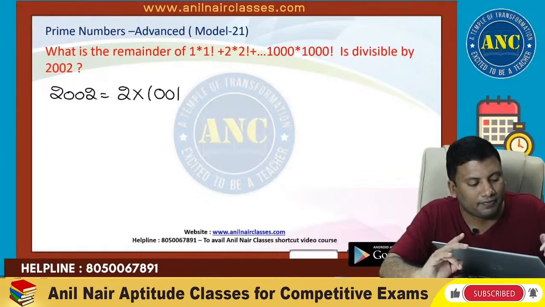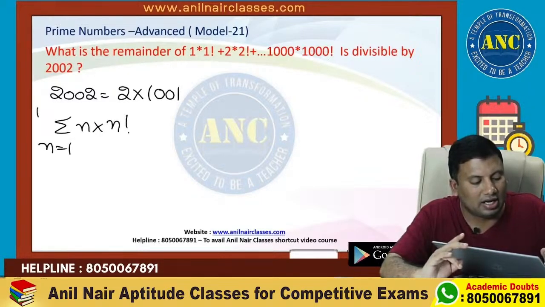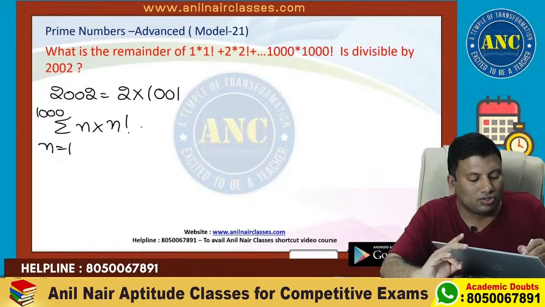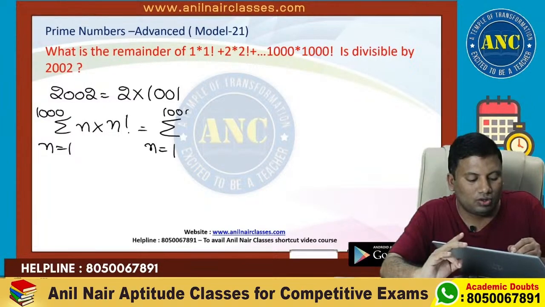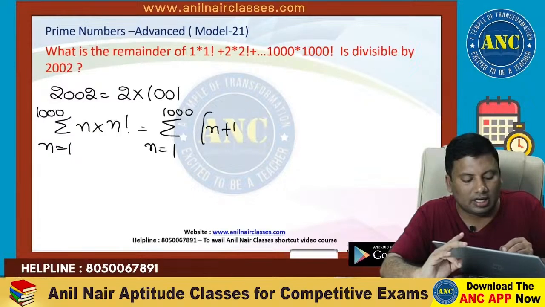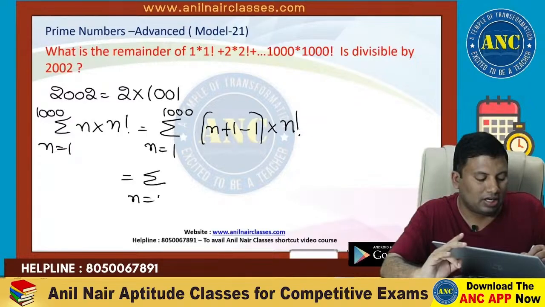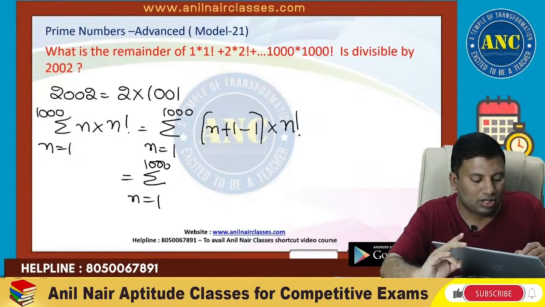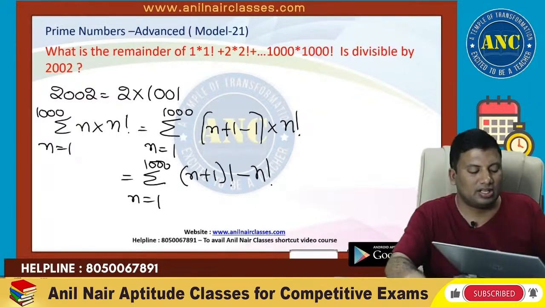First step, this is nothing but the summation of n into n factorial, n ranging from 1 to 1000. n can be written as n plus 1 minus 1, into n factorial. This is nothing but the sum of n plus 1 into n factorial, which is n plus 1 factorial minus n factorial.